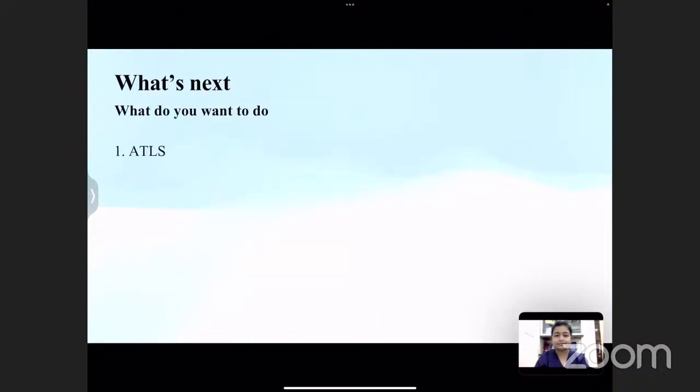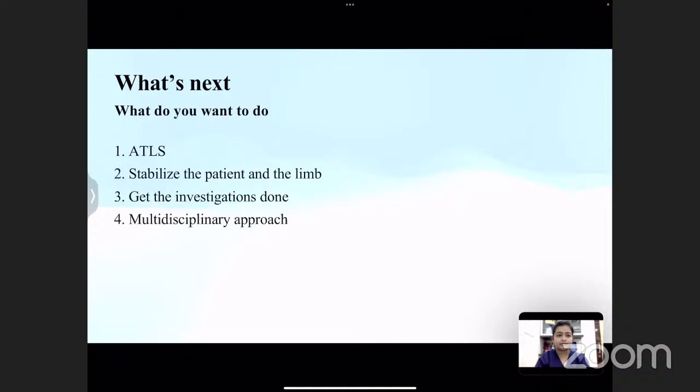So, ATLS, the basic thing: when the bomb blast is so severe and he has shattered everything, we need to make sure his life-threatening injury is dealt with first. Then we stabilize the patient and the limb, then get the investigations done, and take a multidisciplinary approach. What we normally do when the patient comes here is take pictures and send them to the plastic surgeon.